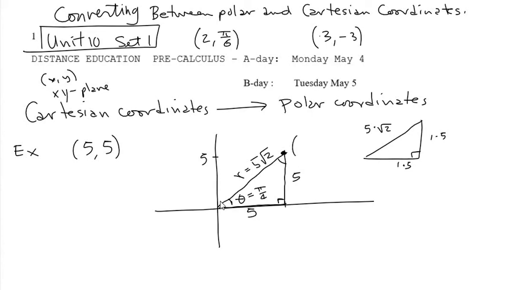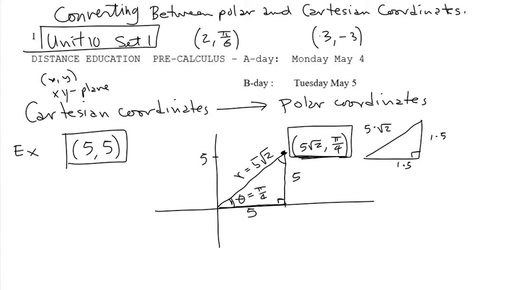Well, the distance from the origin is 5 root 2, and the angle that it lies on, it's on the terminal side of pi over 4. So those are our polar coordinates for the point 5, 5. All right, so this point and this point are the same point. We are just taking different routes to get there.